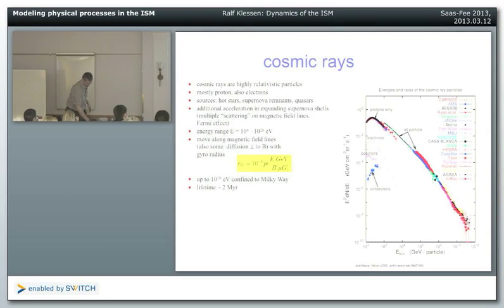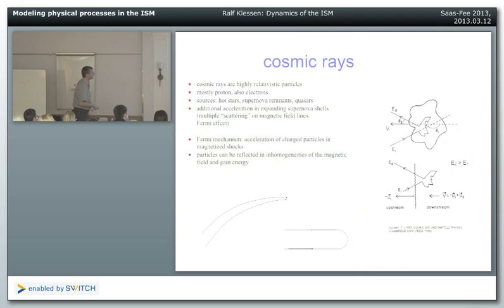So cosmic rays are produced typically in the expanding shells of supernovae and other objects that drive interstellar turbulence. The way it works is they can be reflected by fluctuations in the magnetic field lines. Say you have a supernova shell that expands, and it has a very fluctuating magnetic field structure in it. The idea is that you have a cosmic ray that comes in, somehow it scatters at the field lines, and it goes out again.